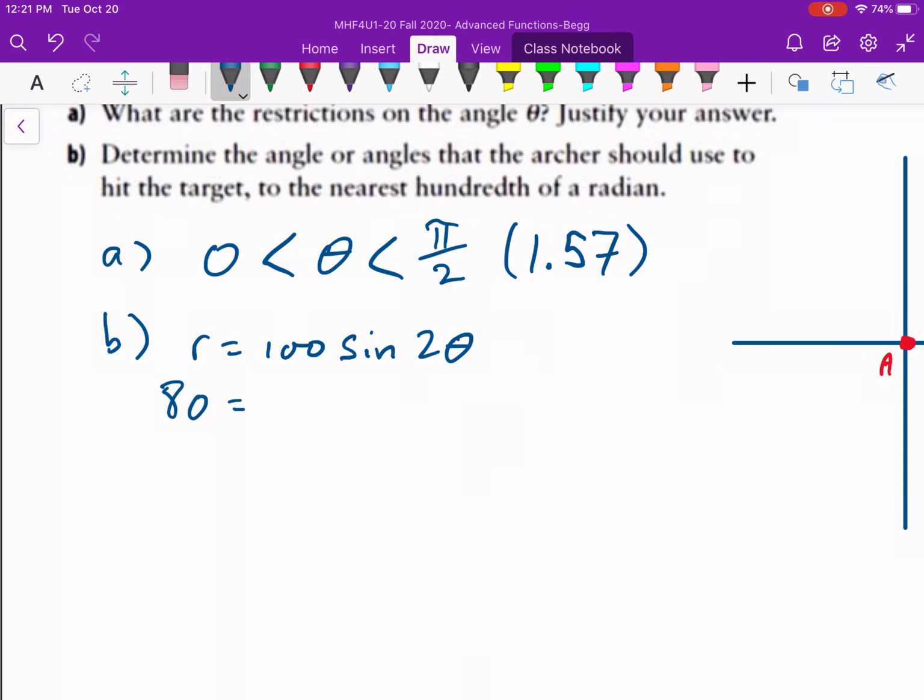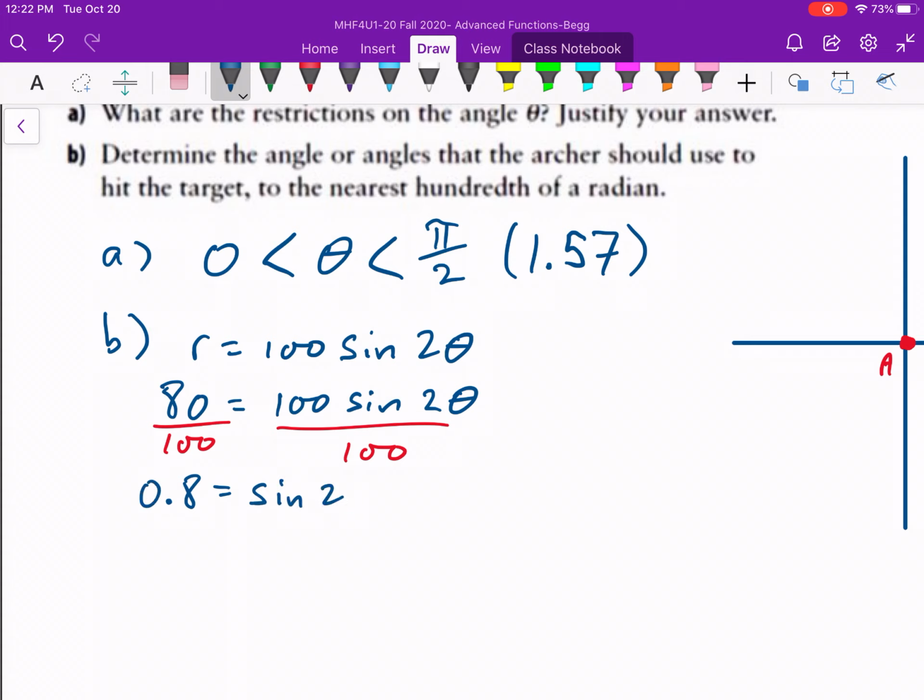So I can put 80 in for R. And now we've got an equation, and just like any equation, our goal is to solve it. So I'd begin by simplifying. I could divide each side by 100 for starters, and I get 0.8 equals sine 2 theta.